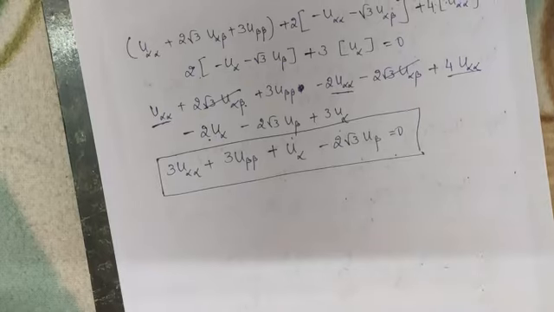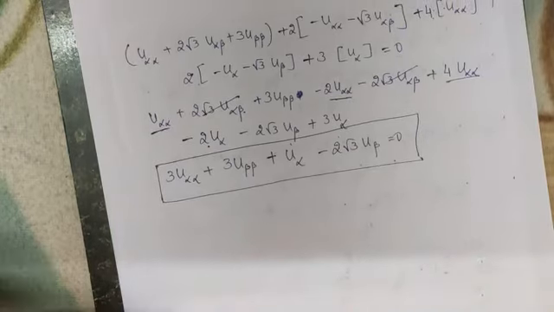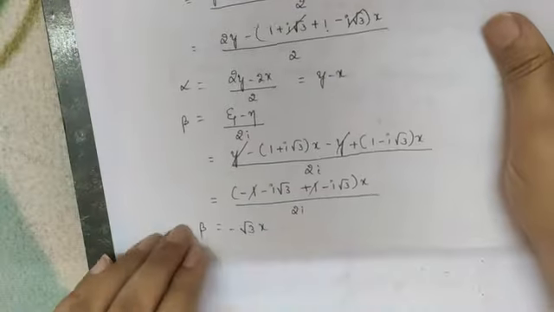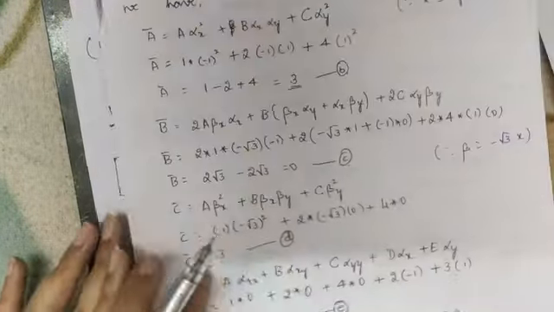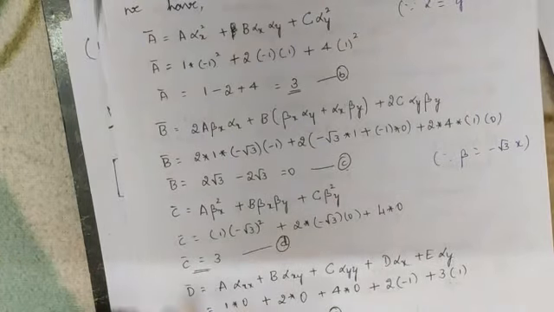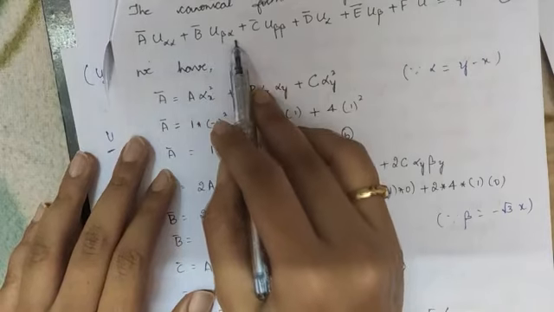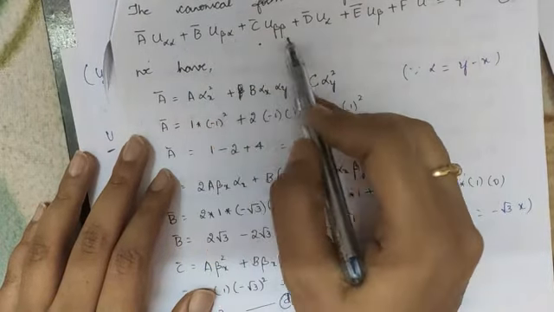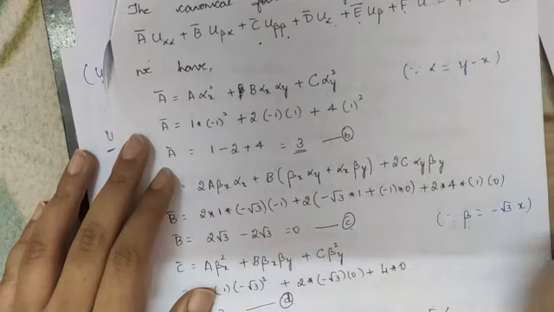So this is one way of solving the problem. We have one more method to solve the problem. Till finding the value of alpha beta, it's the same, there is no change in that. Later we will consider the canonical form as a bar u alpha alpha, b bar u alpha beta, c bar u beta beta, d bar u alpha, e bar u beta, f bar u is equal to g bar.